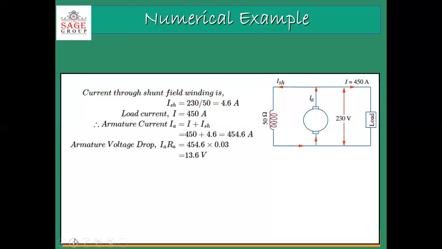In order to calculate the armature current, we already know that the load current I is equal to 450 amperes, and we have also calculated the shunt current flowing through the field winding.